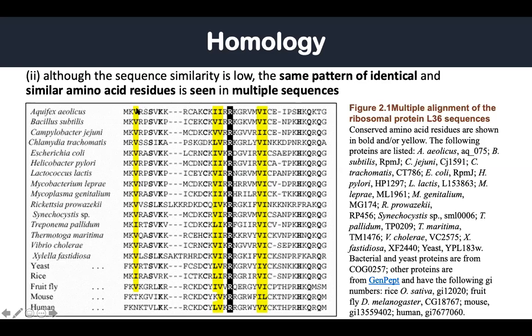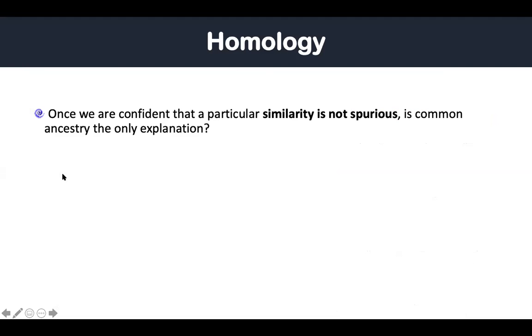You can see that those in yellow, about 90% of them, have the same amino acid, and the one in black is common in all. So you see a similar trend, although with very low similarity. So we can say that this gene, ribosomal protein L36, is homologous. They are homologs in all the different organisms, right?